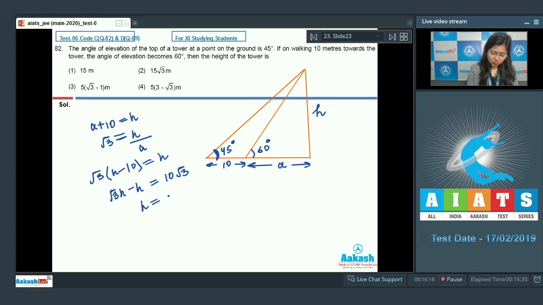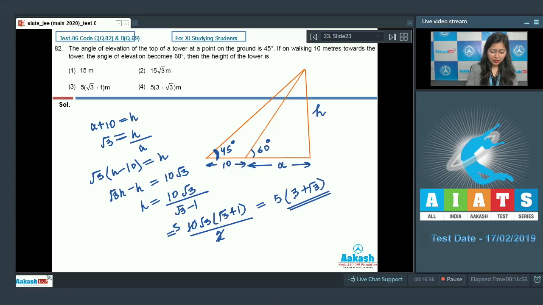That is h is equal to 10 root 3 upon root 3 minus 1. So rationalizing it, we will get 10 root 3 into root 3 plus 1 upon a square minus b square, that is 2. So this is equal to 5 into 3 plus root 3 meters. That is the correct answer, option number 4.